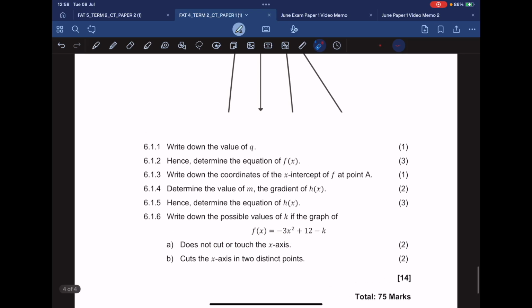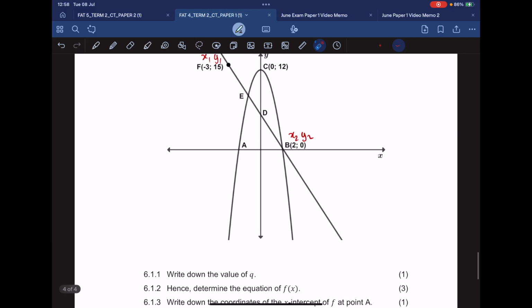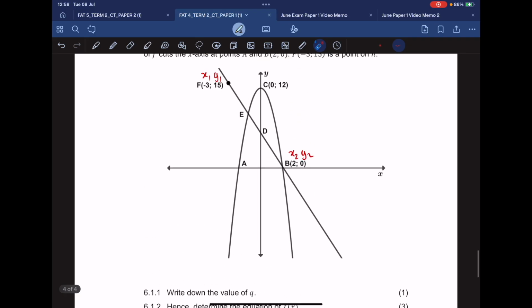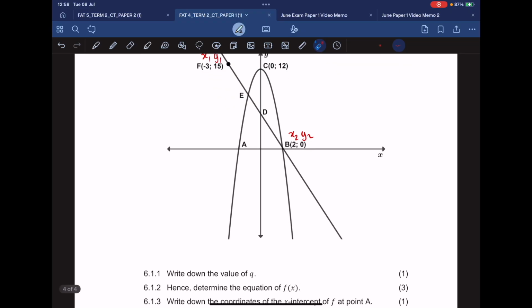What does that mean? Not cut or touch. At the moment my parabola is cutting my x-axis at A and B. So if I don't want it to cut my x-axis or even touch it, it needs to be dragged down.